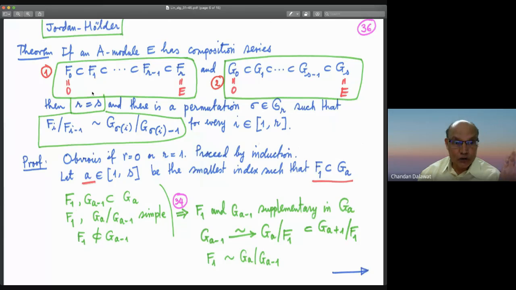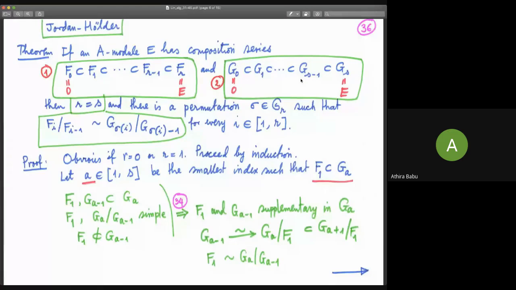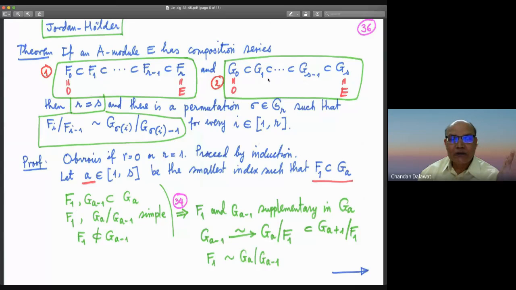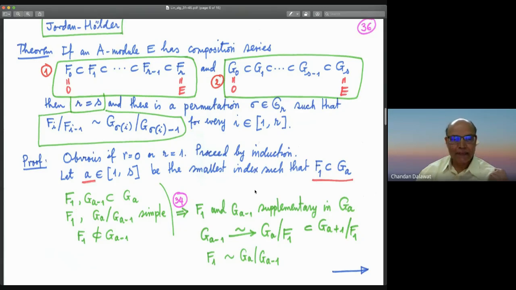So your module is simple. Then S will be 1, because the only submodules that a simple module has are 0 and itself, right? So any other composition series will be just 0 the first term and the whole module the second term. So if R is 1, then S is 1. If R is 0, then S is 0, etc.